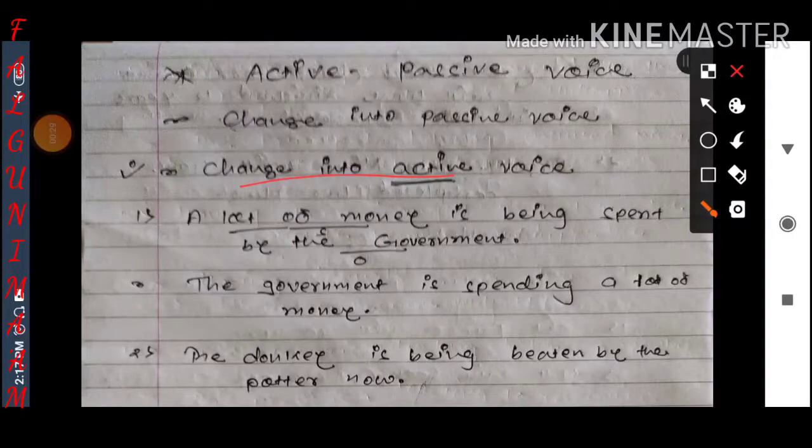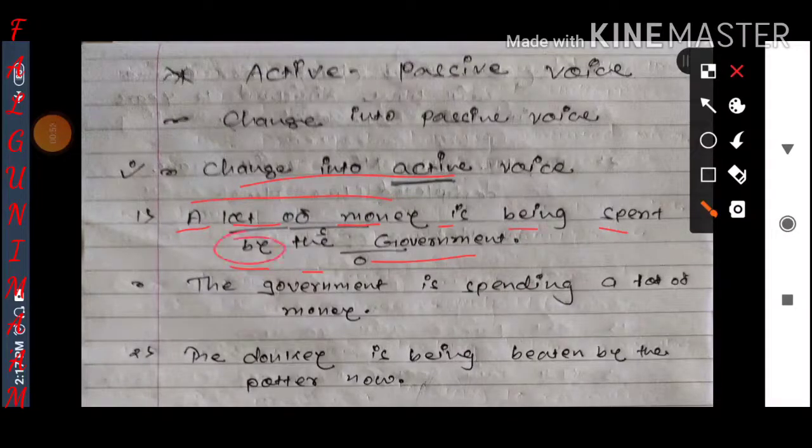First sentence: A lot of money is being spent by the government. Now first you have to identify whether the sentence is active or passive. Here I have mentioned already that you have to change into active, that's why you know that we have a passive sentence. But when identifying the sentence, you have to make sure and note a few points which lead you towards passive voice.